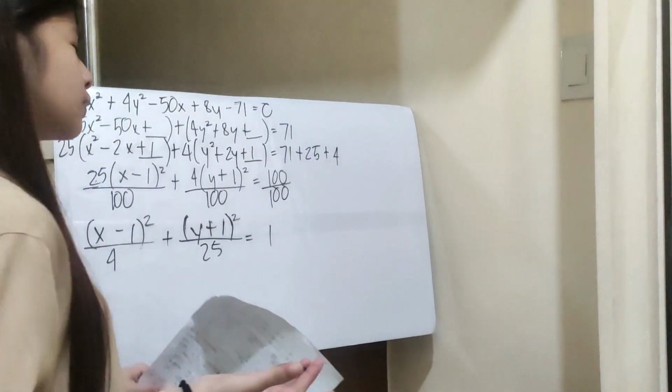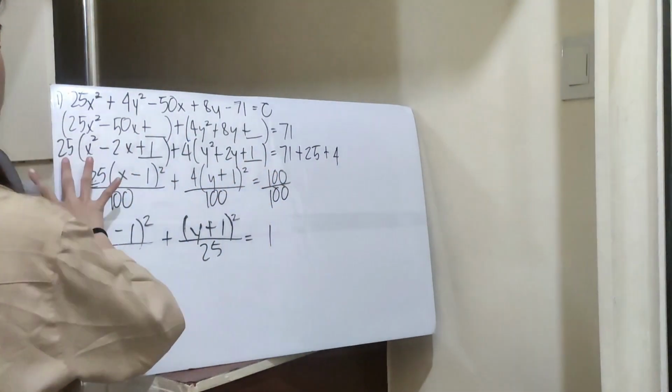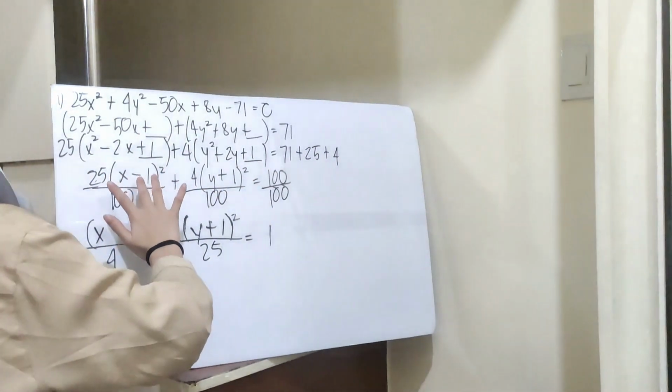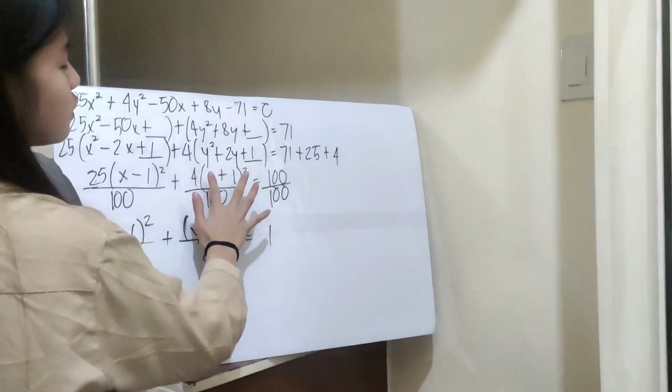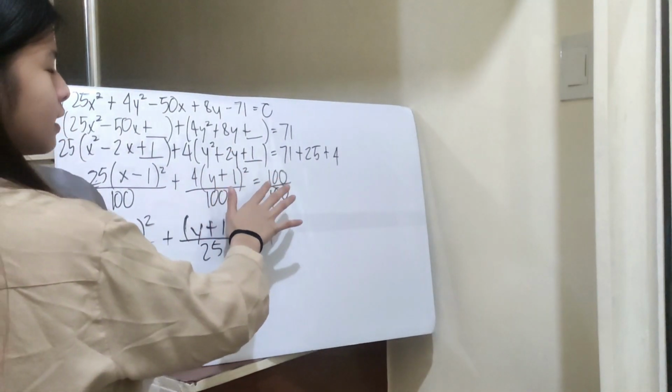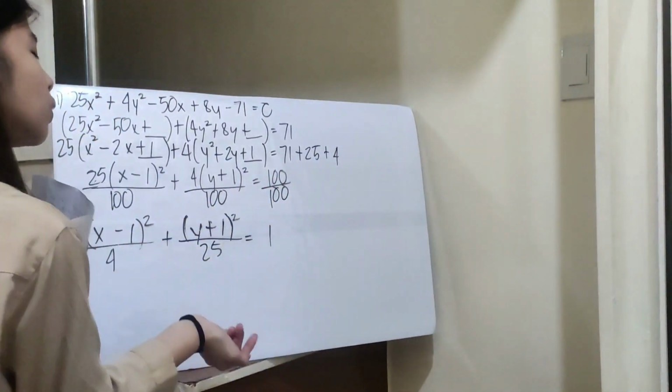So the next thing we'll do is factor these parts, which will result in 25 parentheses x minus 1 quantity squared plus 4 parentheses y plus 1 quantity squared equals 100, since 71 plus 25 plus 4 is equal to 100.